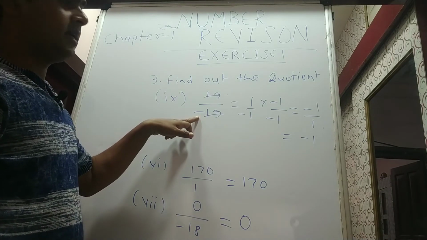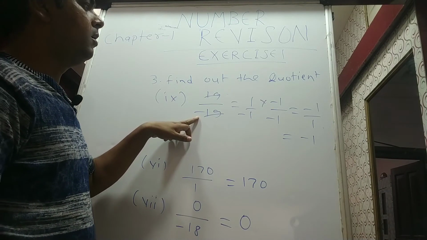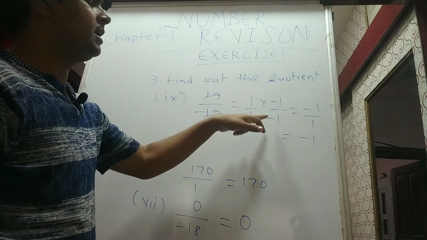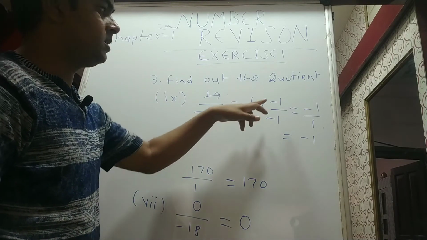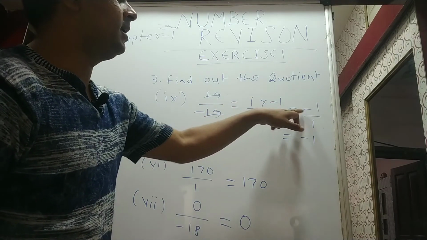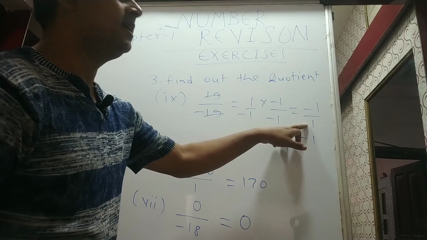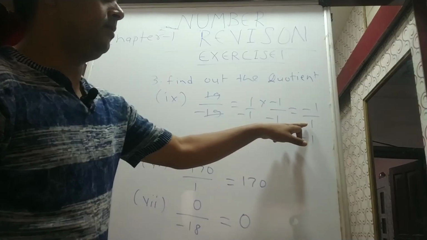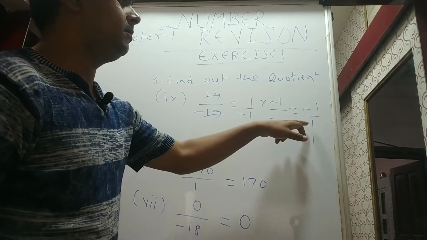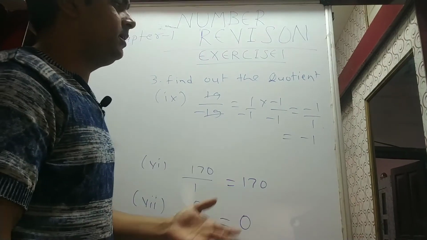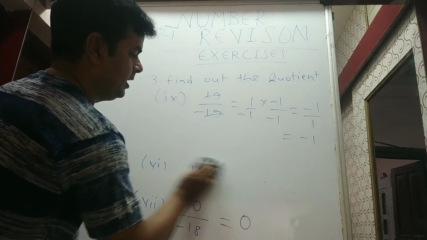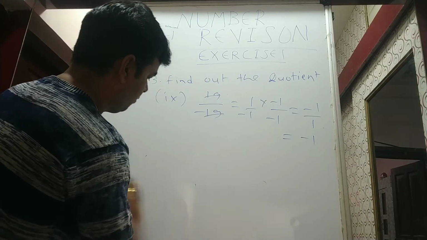Because there is a minus sign in the denominator, we multiply both numerator and denominator with minus 1. When we multiply, plus into minus becomes minus, minus into minus becomes plus. As there is only 1 in the denominator, we can remove it. If we do not write it, that doesn't make any difference. So we only write minus 1.